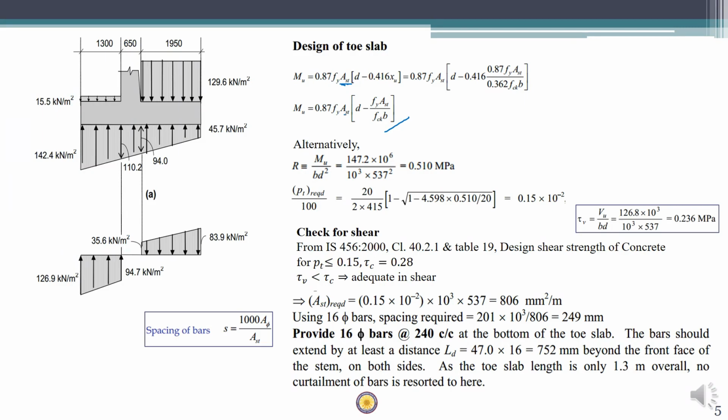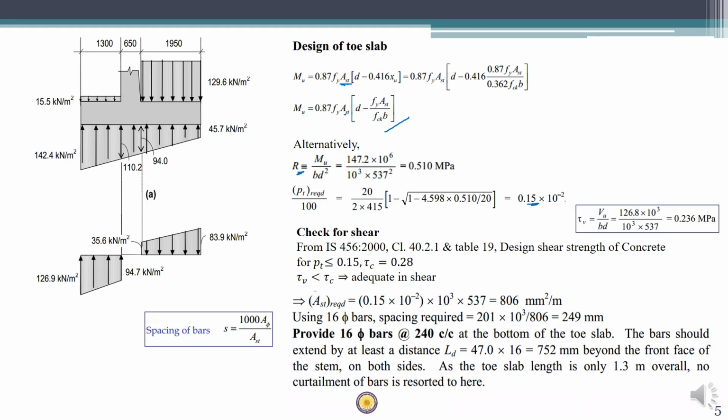Substituting all the values, we get a quadratic equation in AST, and you can solve for AST, and then you can find out the value of PT as 100 AST by bd. Alternately, you can also use the R value to find out PT required. Here we use this method, and we find that the percentage of steel required is 0.15 percent.